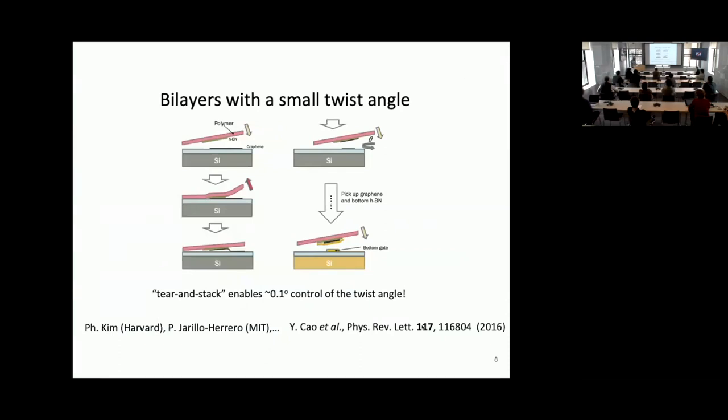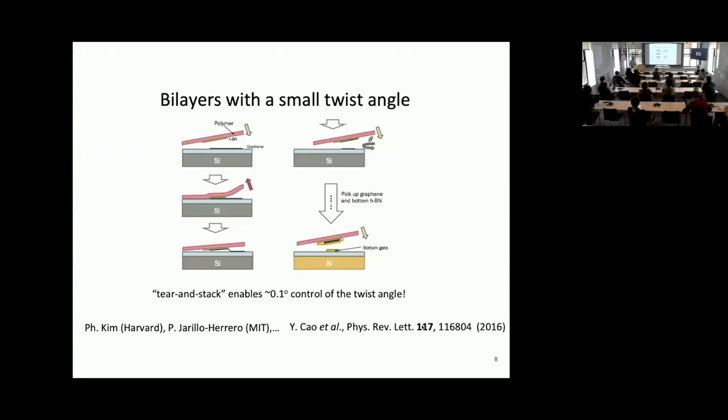Okay, so just a couple of words on how this is done, because it really is quite extraordinary how this is done experimentally. What happens is you put down one layer of the material, then you tear half of it by attaching another layer on top. And then you raise this half farther away from the bottom half. But because they come from the same original layer, you know exactly their relative orientation.